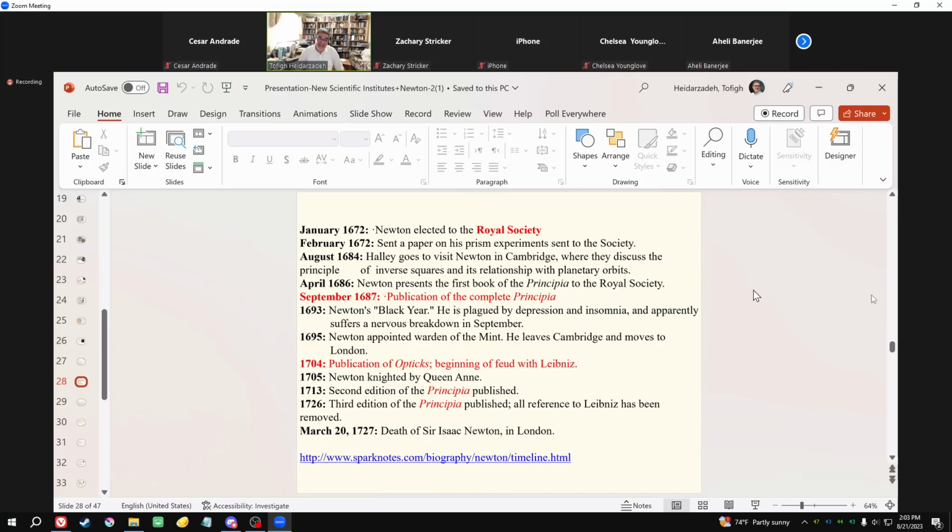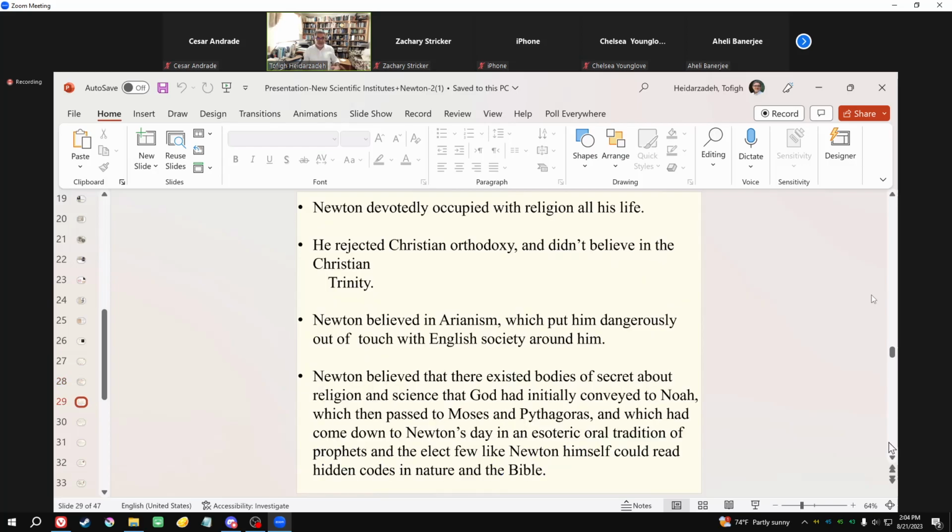The first publication was the Mathematical Principles of Natural Philosophy, which we just abbreviate as Principia. And the second book was Optics. These two books both created revolutions in physics, and they established physical science in the way that we practice it right now.